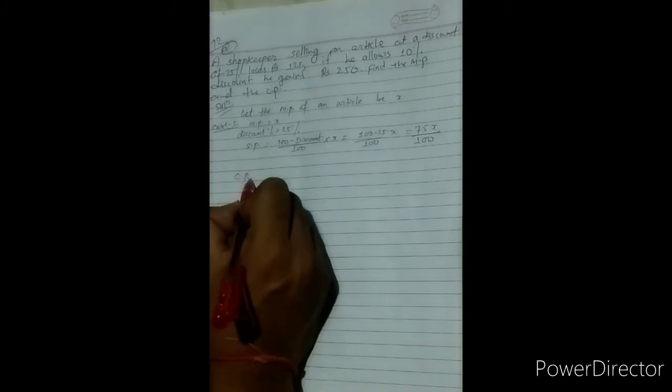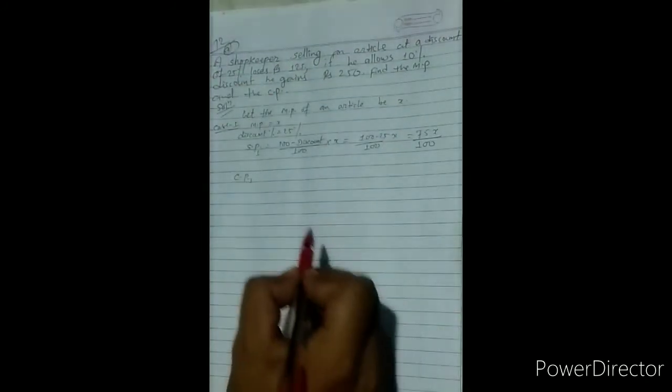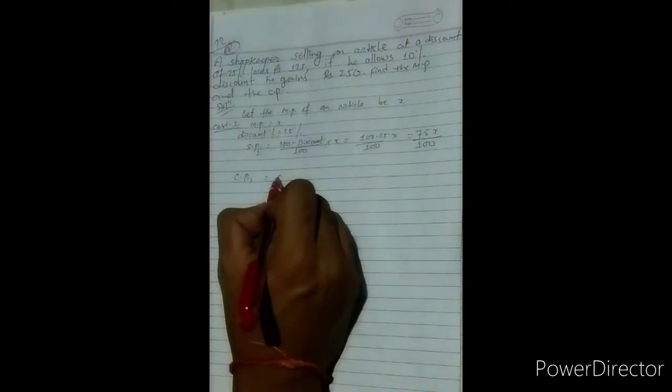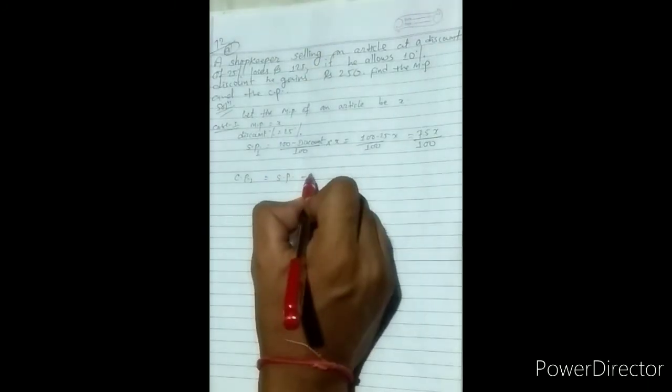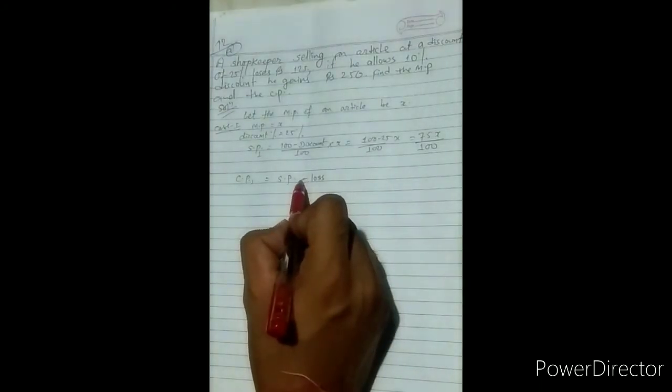Now let's find CP. This is SP1 in the first condition. When a 25% discount is there, the shopkeeper has to bear a loss. So SP minus loss, or plus, because when there is a loss, CP is greater than SP.